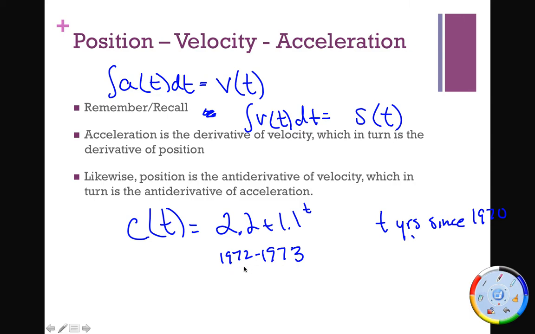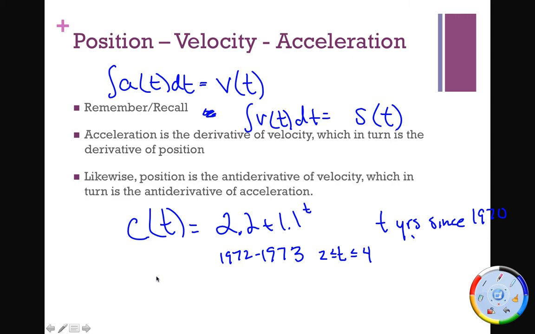It's from the beginning of 1972 to the end of 1973. And that would basically represent the t values from 2 to 4. That's what I misread. Since you're going to the end of 1973, that's basically the beginning of 1974. And since we started at 1970 being 0, this would represent 2 to 4.